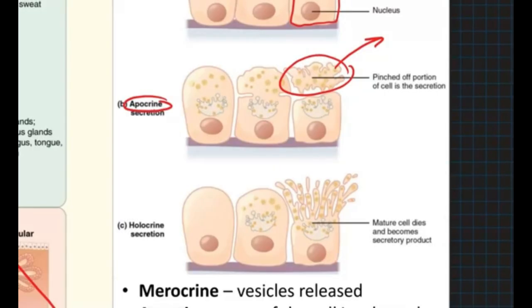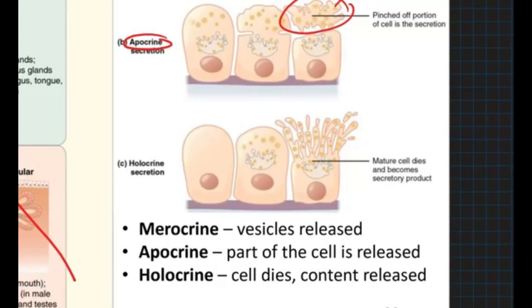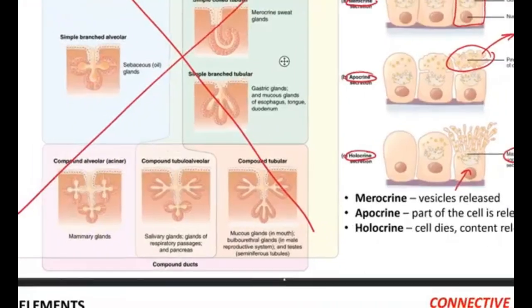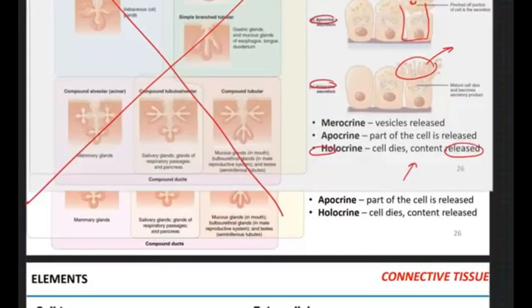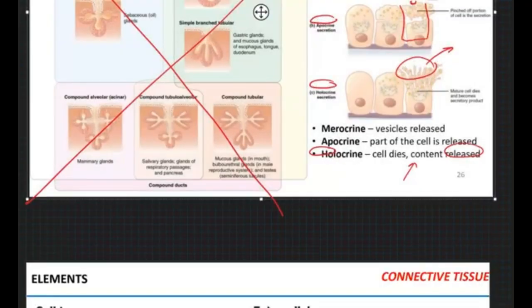Organelles, cytoplasm, whatever. Okay? Good? And the last type of secretion, holocrine secretion. When the cell dies, it explodes, and its chunks are what's supposed to be secreted. So, absolutely expect questions about different types of secretory glands. Okay?